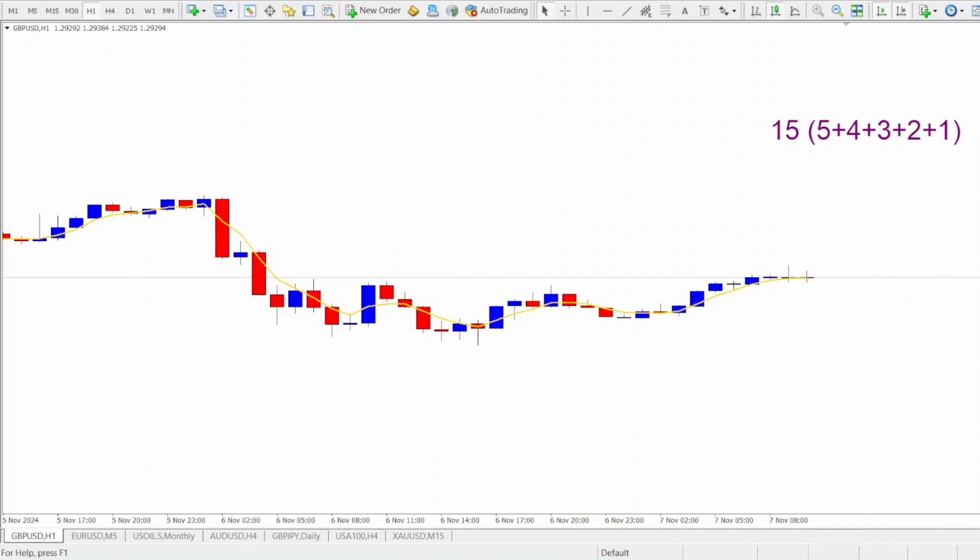So this way, the most recent price has the most influence on the average, allowing it to react faster to changes in the market.